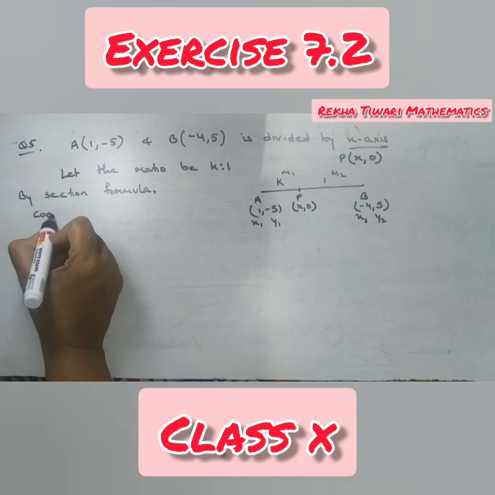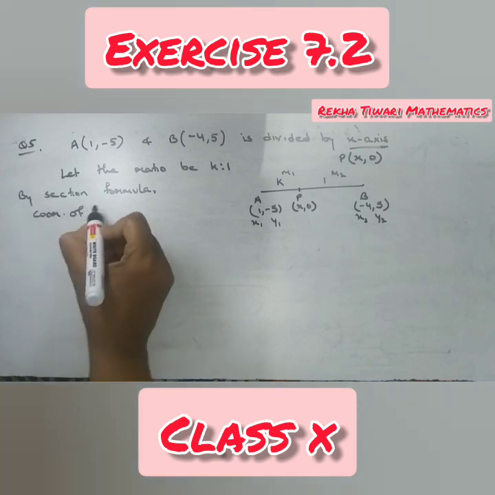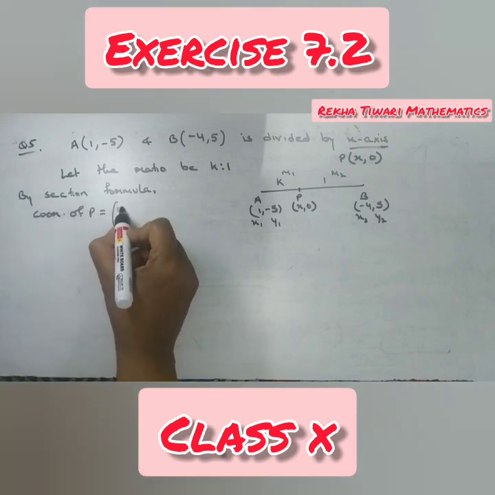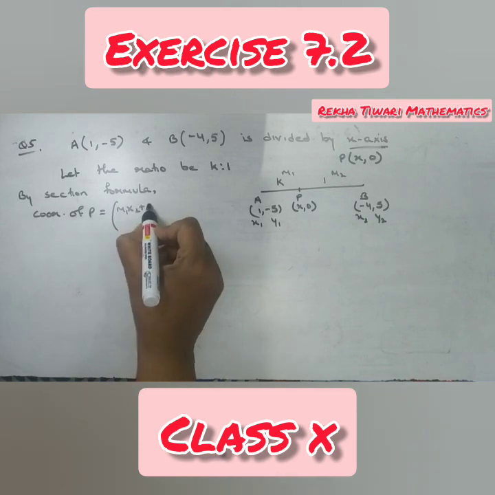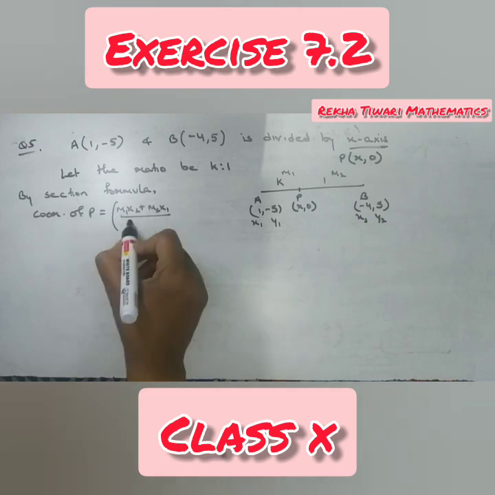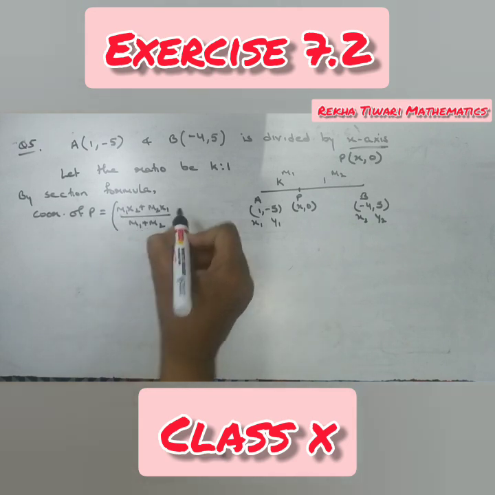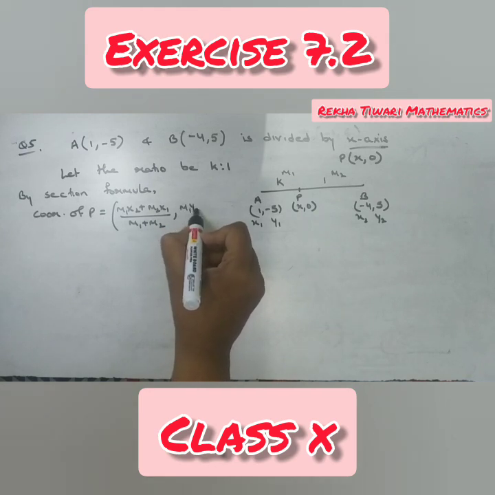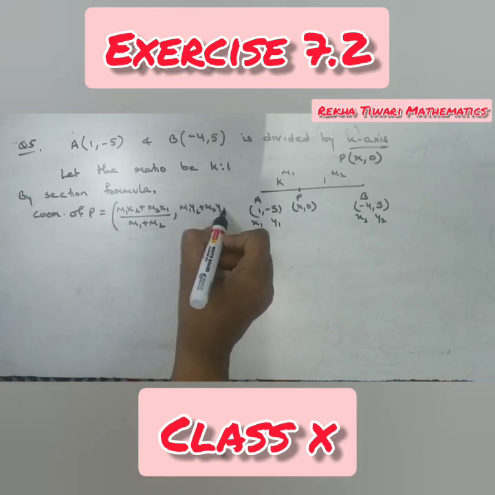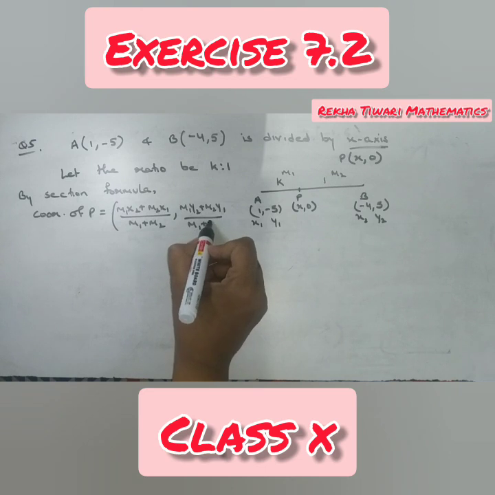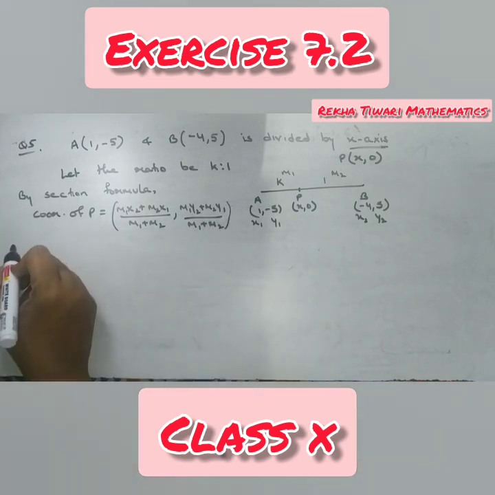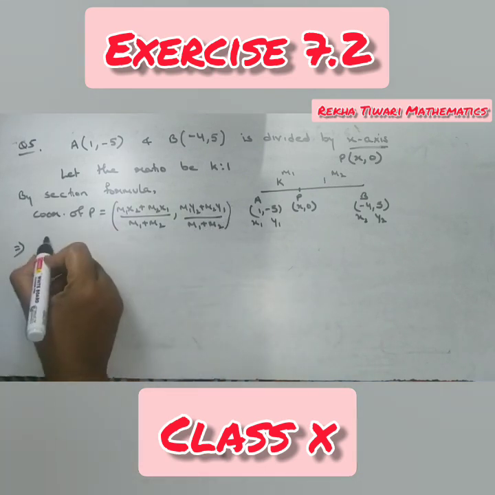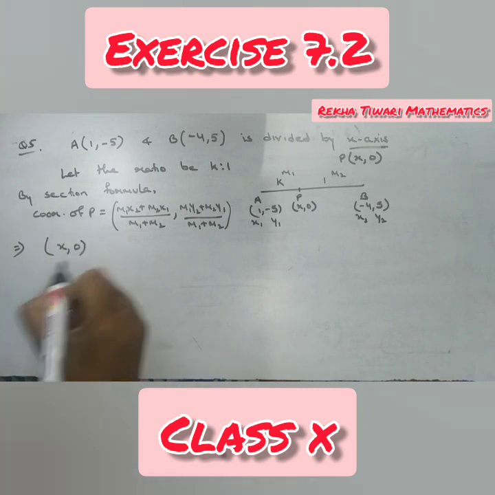Coordinates of P is equal to m1 x2 plus m2 x1 upon m1 plus m2, m1 y2 plus m2 y1 upon m1 plus m2. Put down the values. What are the coordinates of P given to you? It is x comma 0.